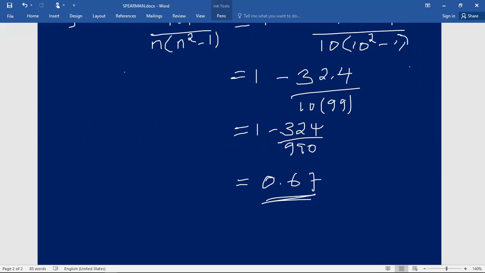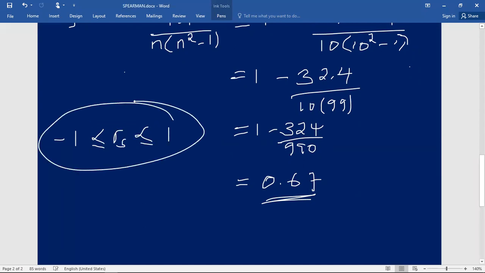So first of all, we know that this is positive because Spearman's correlation coefficient, just like Pearson correlation coefficient, can be negative or positive. So its range is from -1 to +1. That's the range. So at the far end there, it means it's the strongest, a very strong relationship.